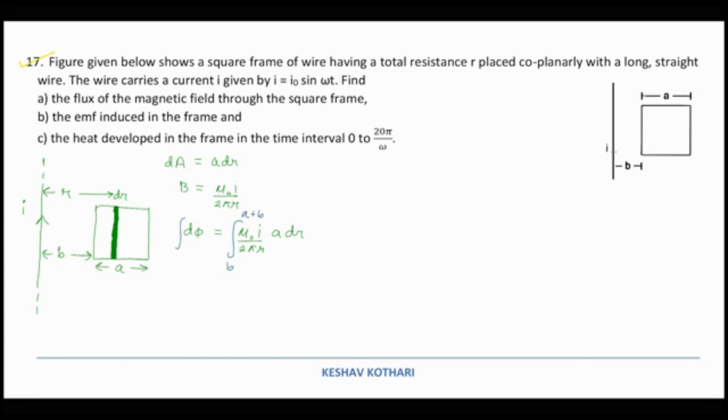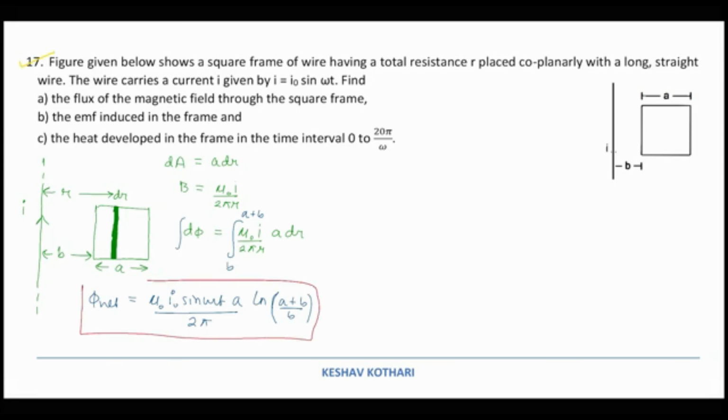So the net flux, phi net, can be written as mu naught, where I is I naught sine omega t, a upon 2 pi. Now the integration of 1 by r dr is ln r, so we will get ln of a plus b by b. So this is the expression which we attain for the flux through this square loop.